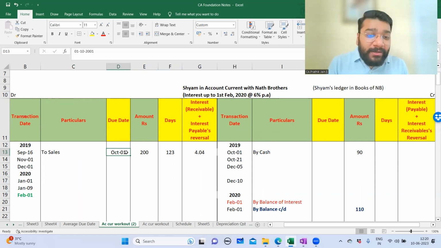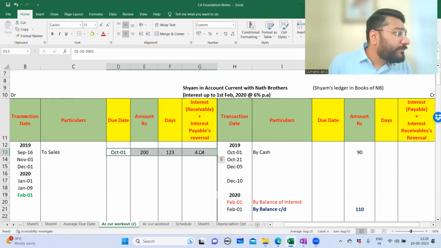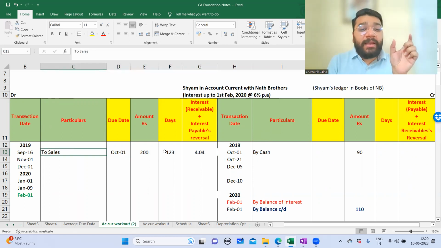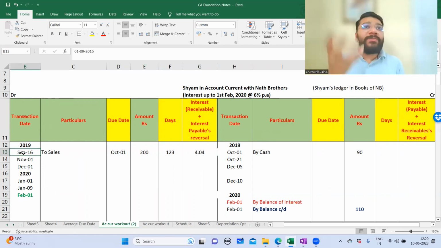So can I say here, you have calculated extra interest on that 90 rupees? Yes or no? On the 90 rupees, guys, please understand, we are recording this 4.04 when? On September 16. On September 16, you decided this fellow will not pay the money on time, and you said that interest receivable is 4.04. But what did he do?